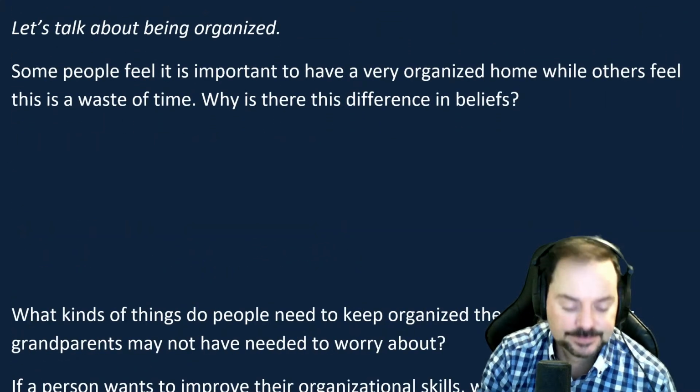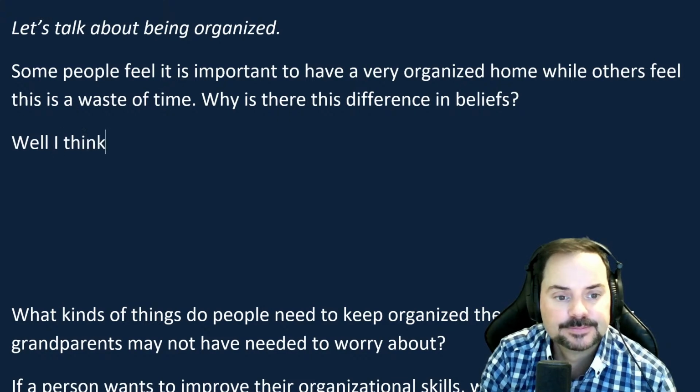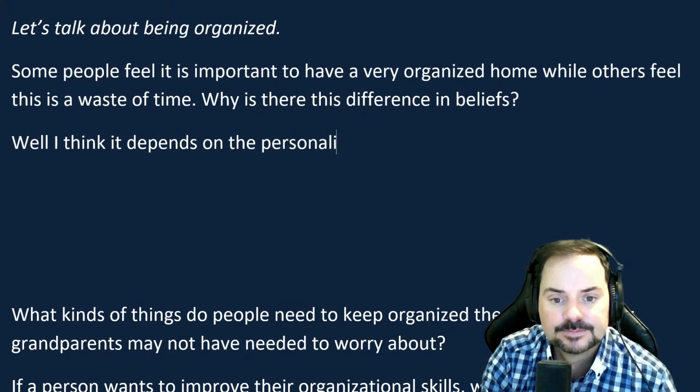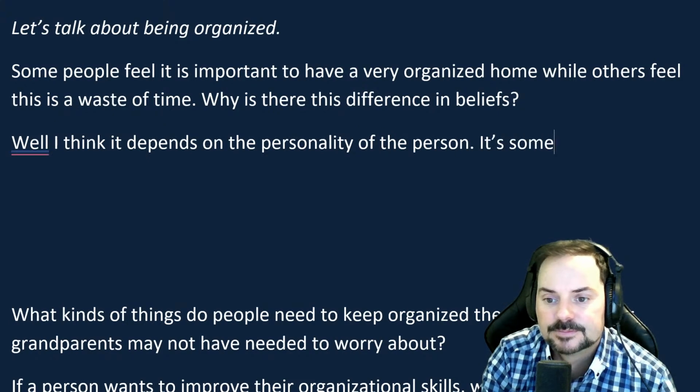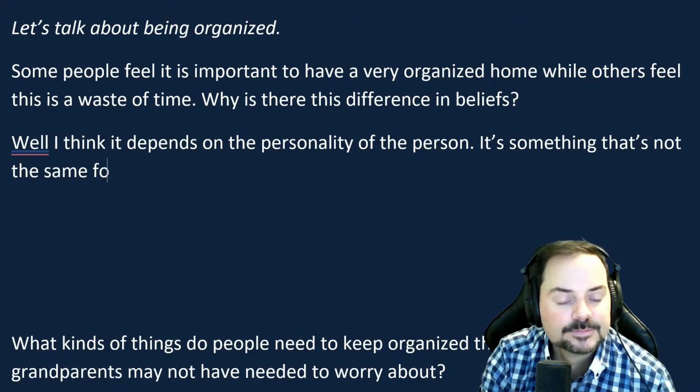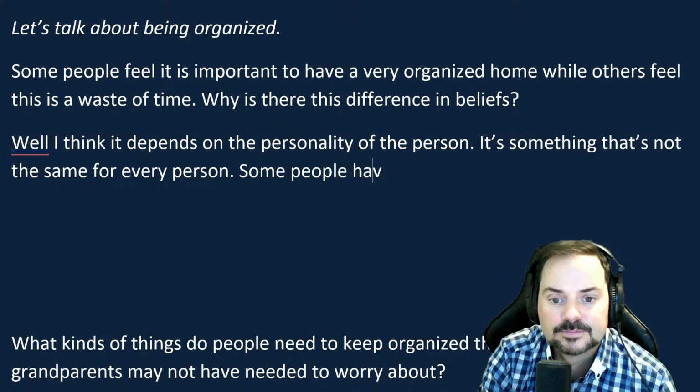Well, I think it depends on the personality of a person. It's something that's not the same for all people. Some people are organized, have that sense of organization. They want to have every item placed in its place, so they know where it is when they need it.